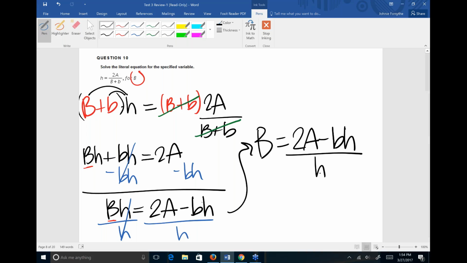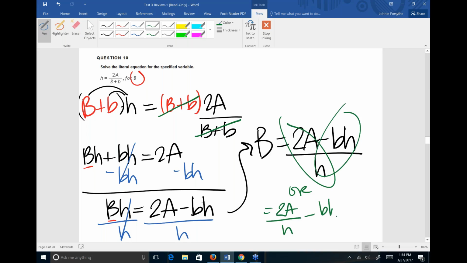You don't have to split this up. You could if you wanted to. It's not required, but you could do 2a over h minus bh over h, and then you could see those h's cancel and say that's 2a over h minus b. You could do that, but this form is fine as well.